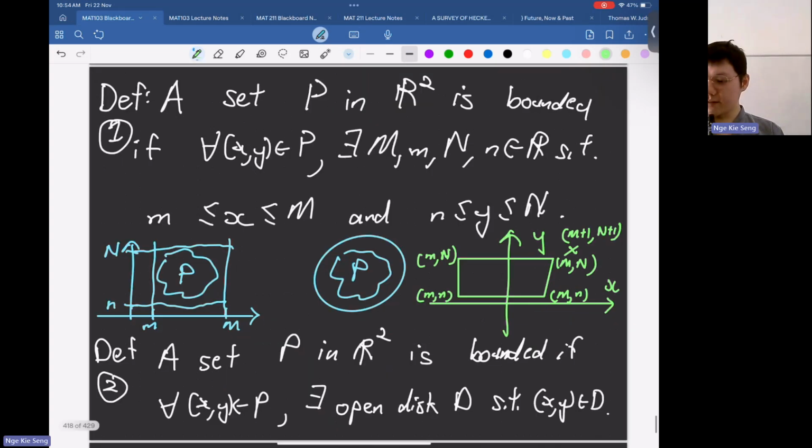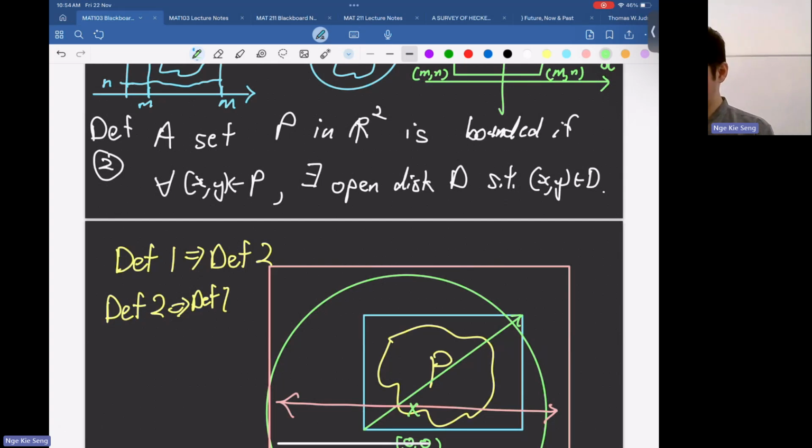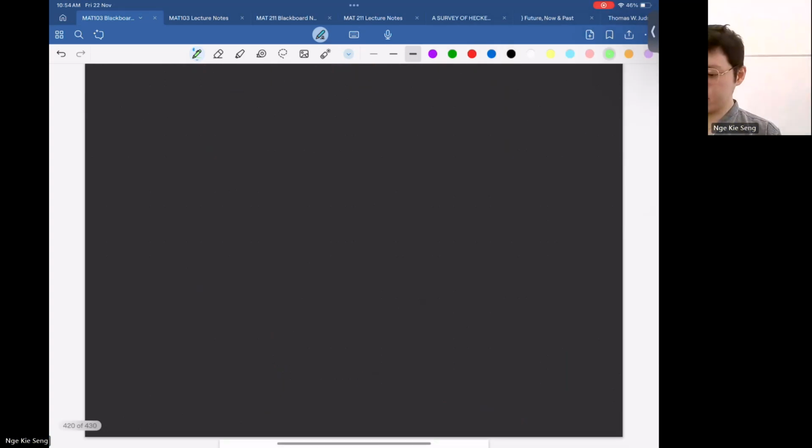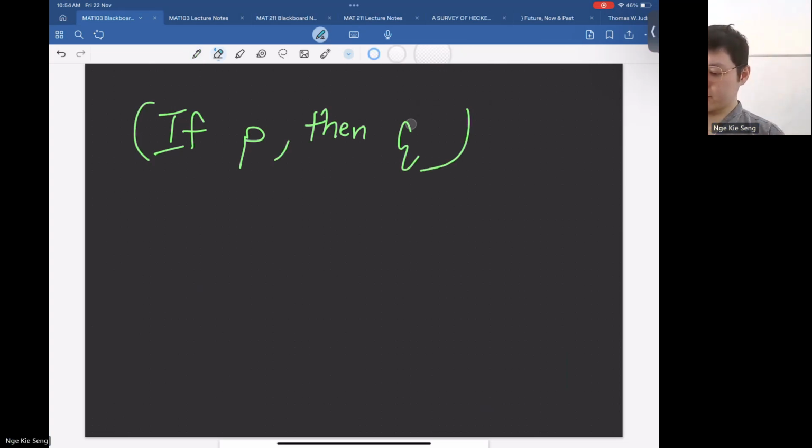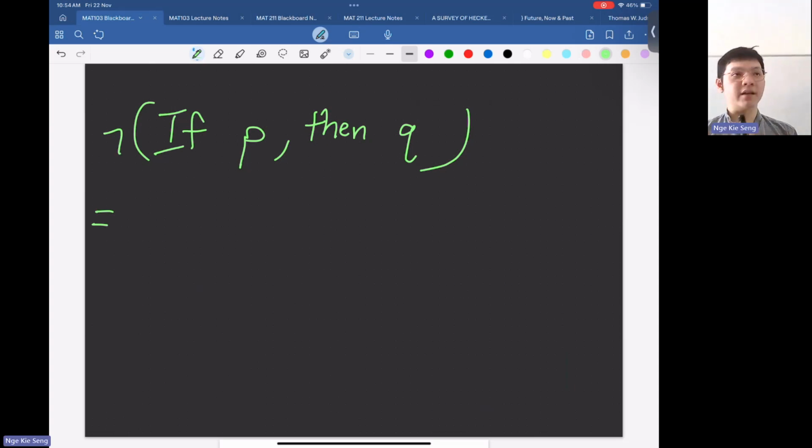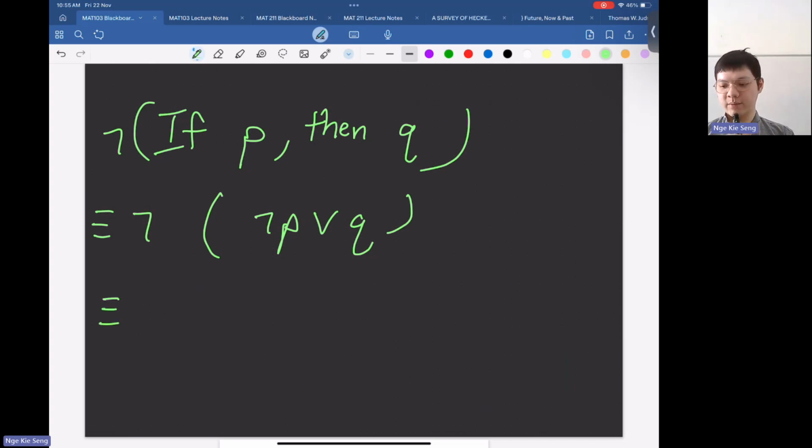If P then Q, what's the negation of if P then Q? You should make an equivalence using or and and statements first, and then you use De Morgan. So if P then Q is equivalent to what? Not P or Q, right? Then you use De Morgan's law.